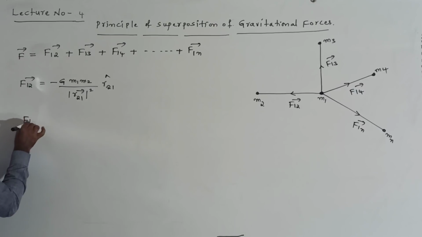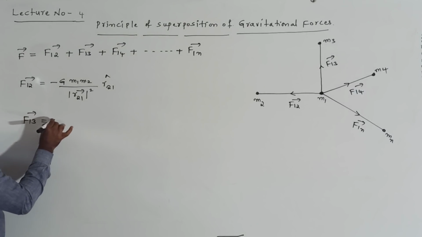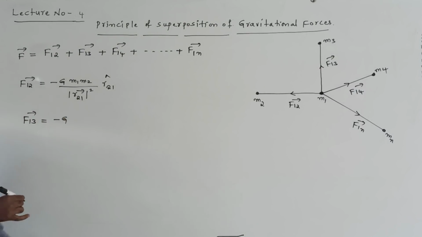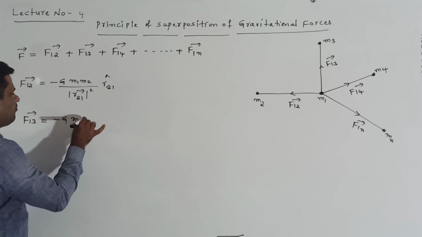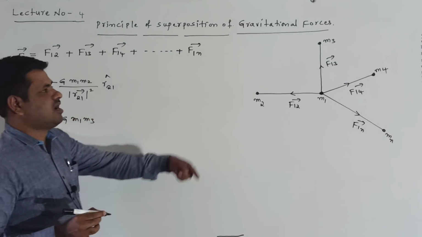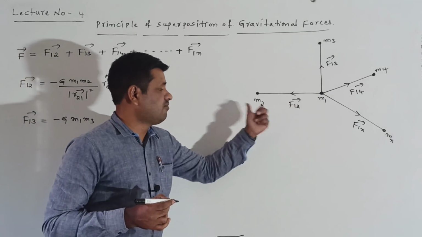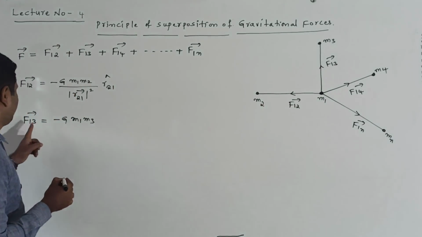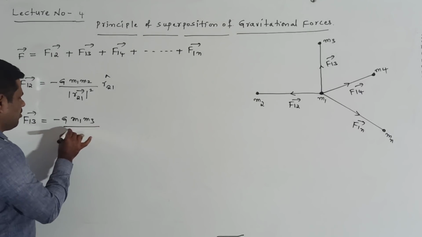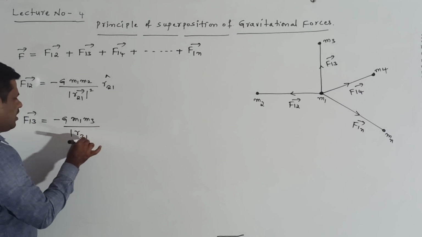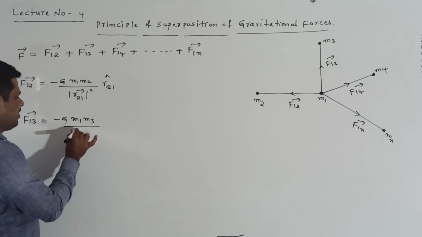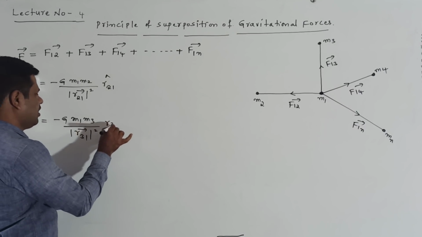Similarly, F13 bar can be written as, as usual, G m1 m3, the force between m1 mass and m3 mass, by mod of r31 bar whole square into r31 cap.